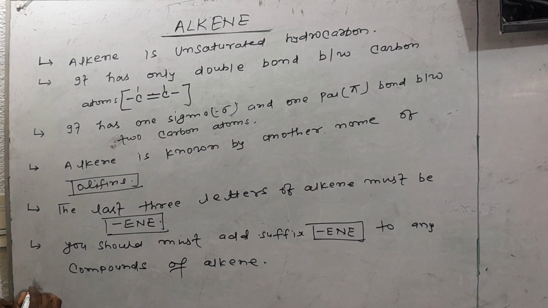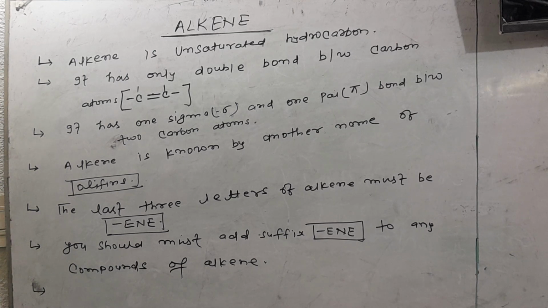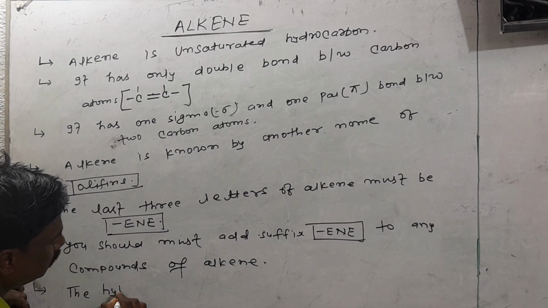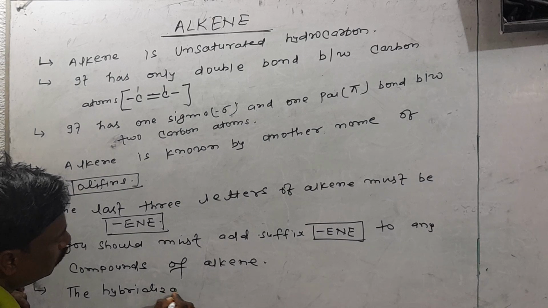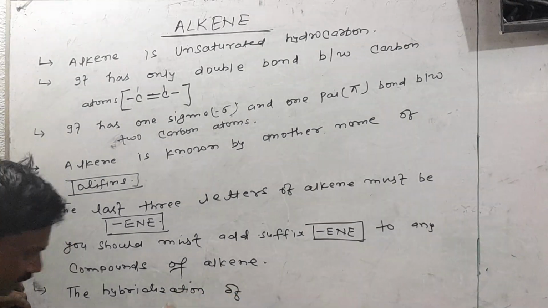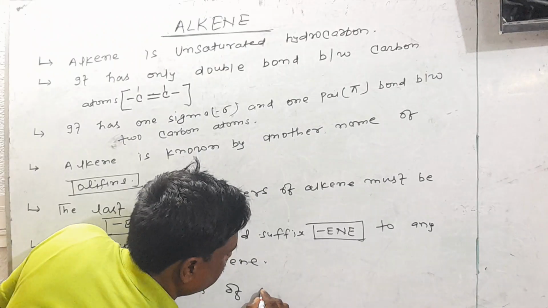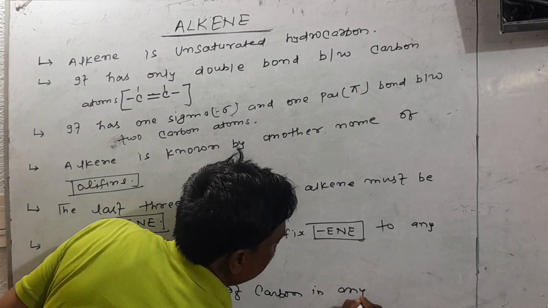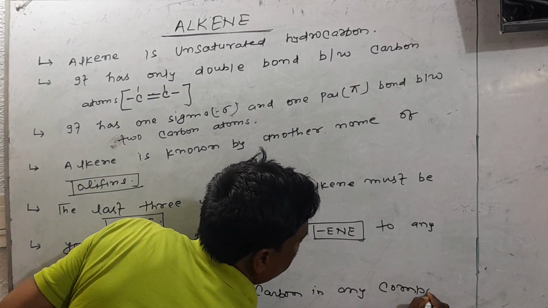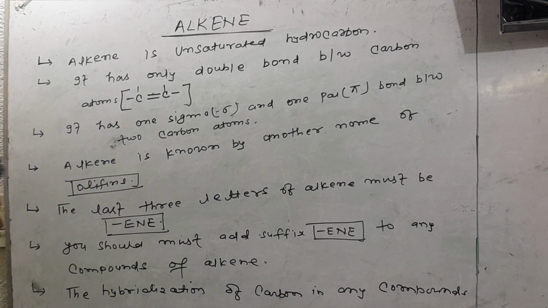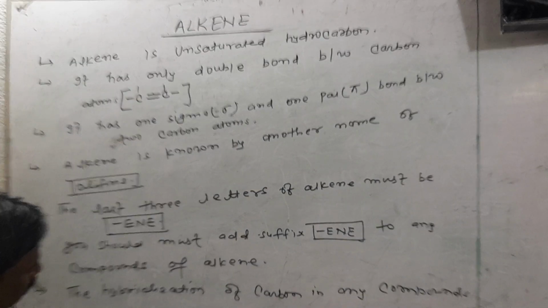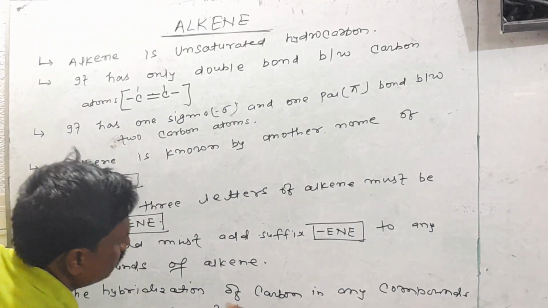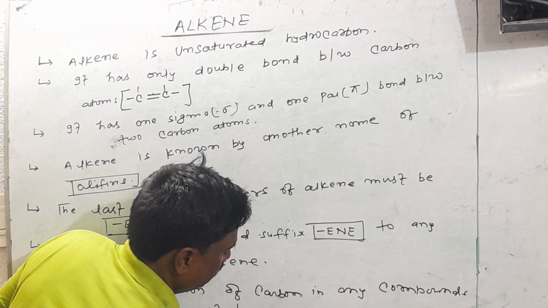The next point of alkene is the hybridization of carbon in any compounds of alkene must be sp2.